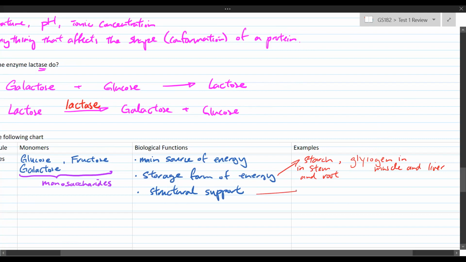Structural support. Anybody remember examples of polysaccharides that provide structural support in plants and some animals? Cell wall or membranes. That's right, the cell wall. And what is the cell wall made up of? Cell membranes?